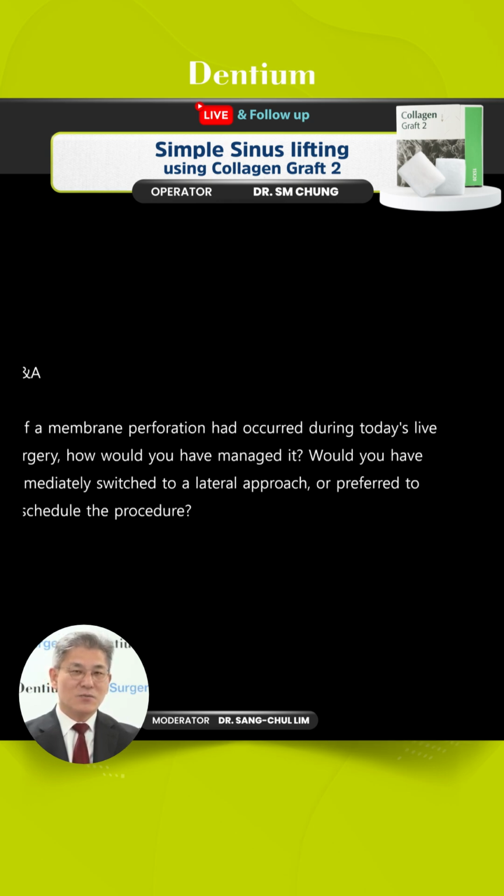So at this time point, you may stop the crestal approach procedure and start the lateral approach style: make an incision and flap reflection, open the lateral window, and separate the sinus membrane from the lateral wall and floor. If the perforation is bigger than 2 millimeters, it should be closed with a collagen sponge or collagen membrane, and then put in the graft materials.